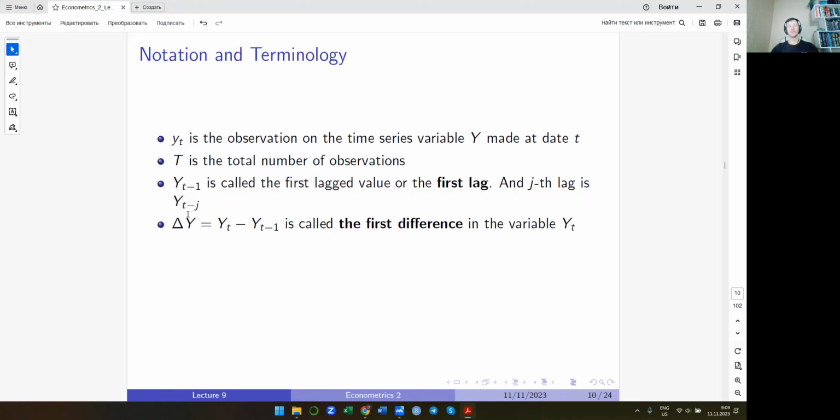Now, delta capital Y_t is the difference between the random variable observed at period t and the random variable observed at period t minus 1. This is called the first difference in the variable Y_t. These two are important concepts, and we are going to use them throughout the rest of the course.